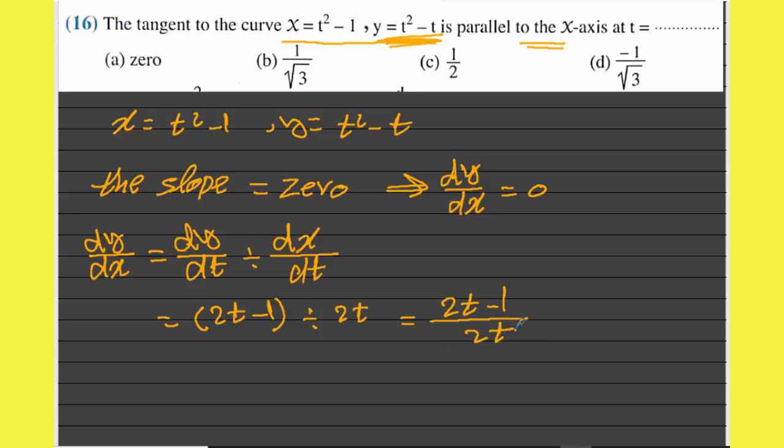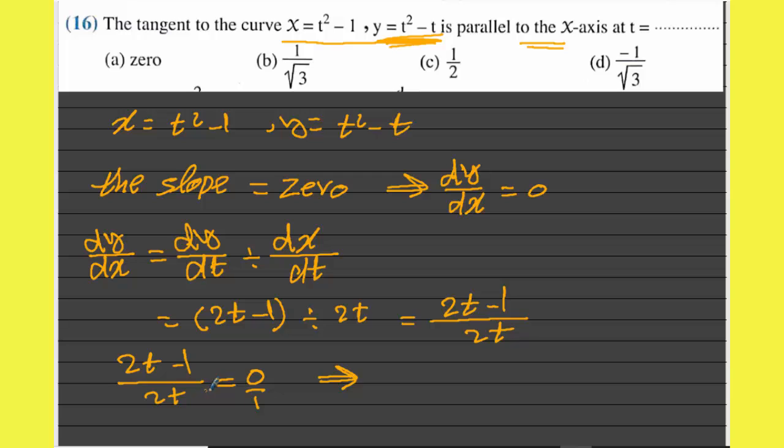Okay, and this fraction equals 0 according to the given, because they said the tangent is parallel to the x-axis. It means the first derivative equals 0. So put (2t minus 1) over 2t equals 0. Make it a cross multiplication, 0 is 0 over 1.